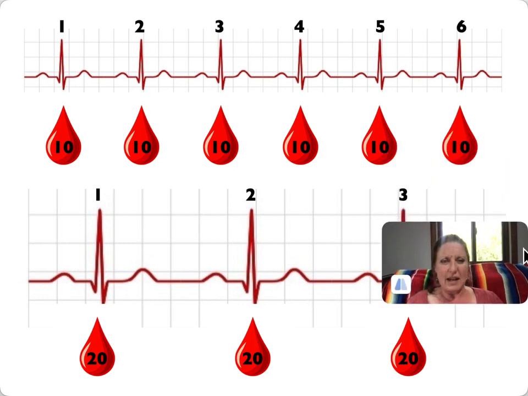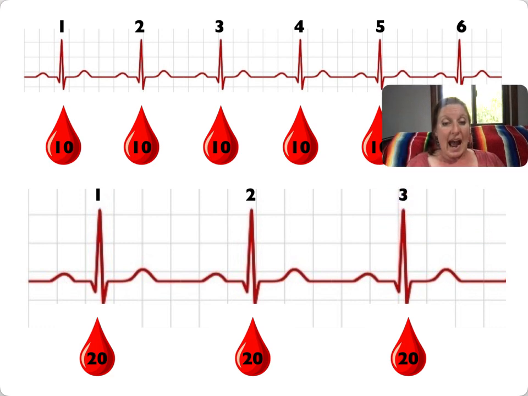Let's look at it this way. Our non-athlete, and these numbers again are bogus, has a heart that has to beat 6 times, and each time it pumps out 10 mils of blood. So we've got 60 mils of blood in this unit of time. But our athlete, because their heart is stronger, can pump out 20 mils of blood each time.